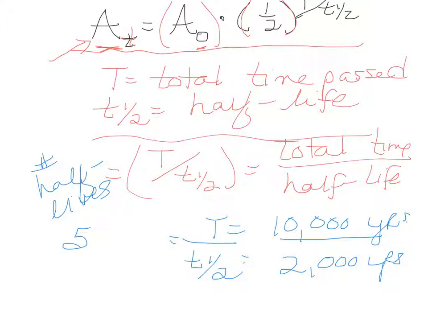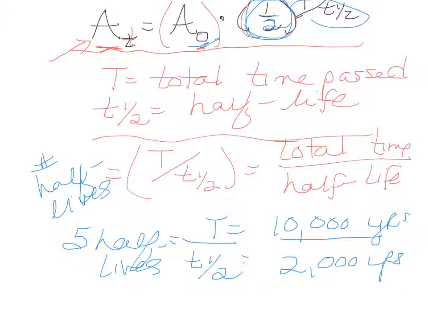That would mean 5 half-lives have passed. So this ratio in that case would be 5. Basically, every time one half-life passes, you cut the original amount you have, you divide it by 2, or multiply it by 1/2, same thing. And you do that for however many half-lives have passed.